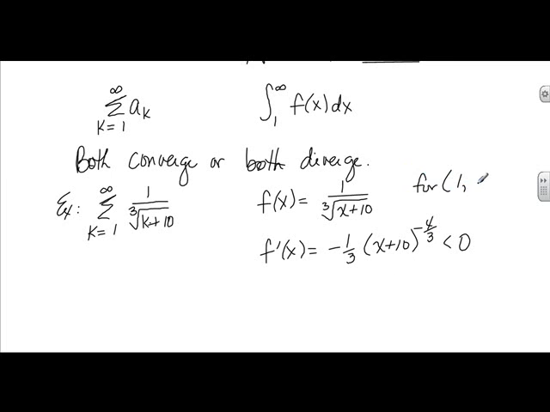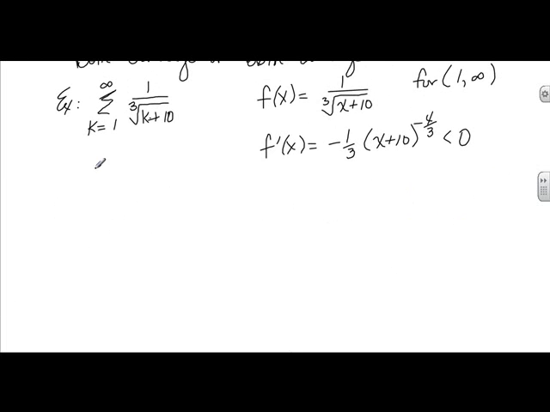So we want to take a look at the integral from 1 to infinity for this function, which I'm going to write as x plus 10 to the minus 1/3 power. Well, we know to take the limit as b approaches infinity of the integral from 1 to b. I'm going to leave out a couple of those steps. Well, I'll go ahead and do them.